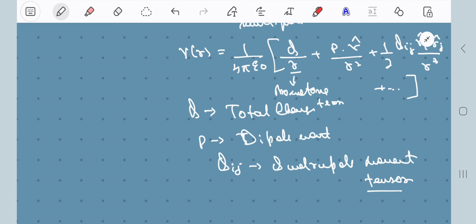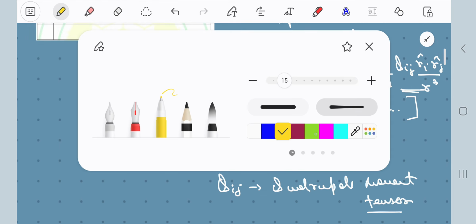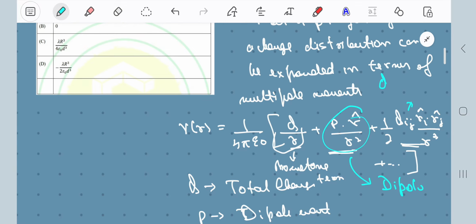Okay, so what we are given is what is the quadrupole contribution. To get hold of the quadrupole contribution, we need to check first what is the monopole and the dipole contributions. Okay, so this is the monopole contribution, this is the dipole contribution, this is the quadrupole contribution. Okay, these are the three contributions which we need to get hold of.